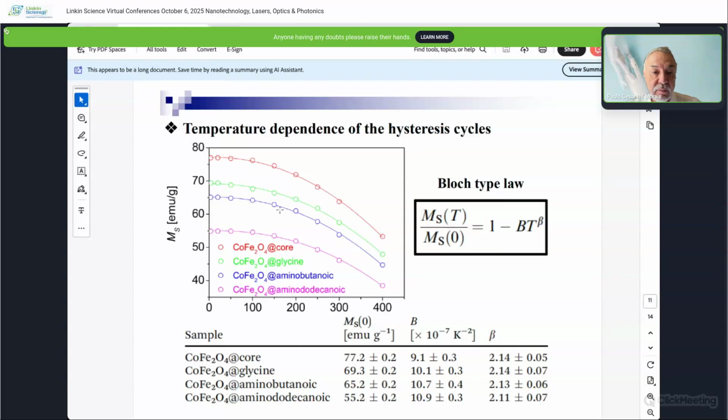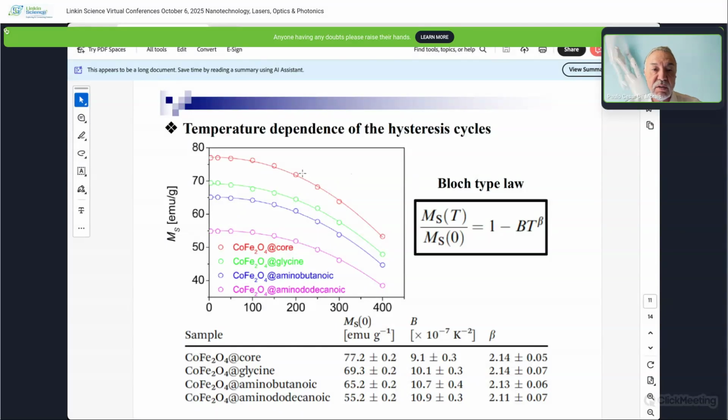The third, the blue one, is the surface coating with the amino acid containing 5 carbons in the chain, aminopentanoic acid. And the lowest one is the surface coating with aminododecanoic acid, a moiety with 12 carbons in the chain, meaning a thicker layer on top of the cobalt ferrite nanoparticles.